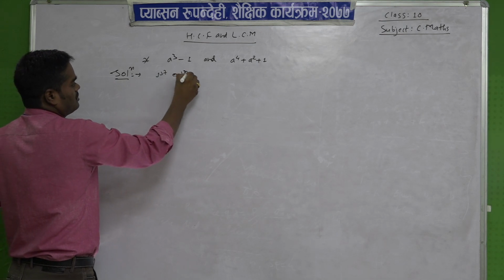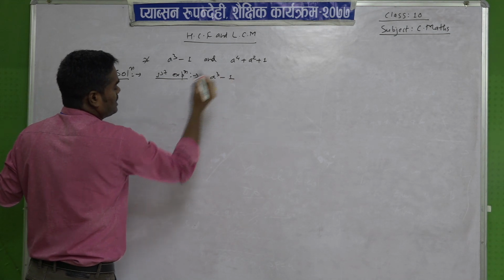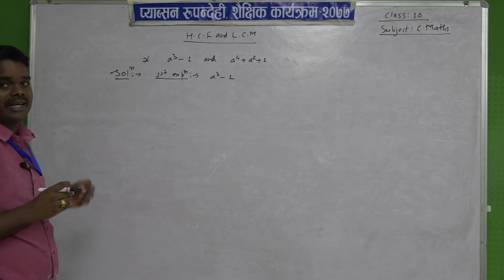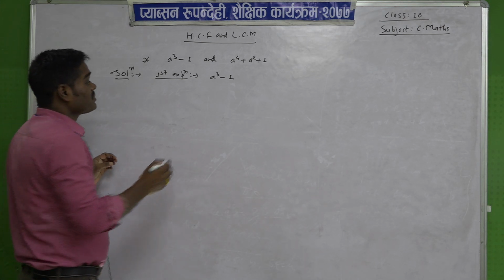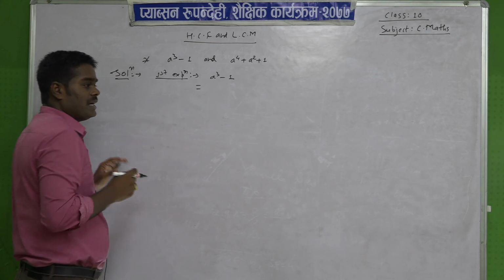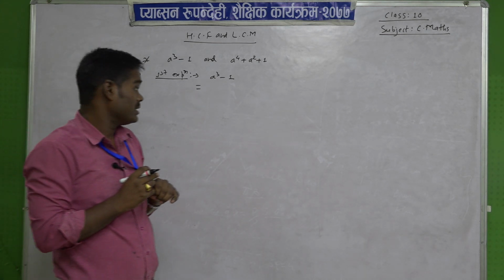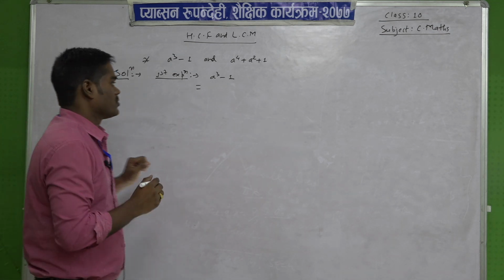First expression, what is given here? a cube minus 1. Here the first term is already complete in the form of a cube, and the second term is 1.